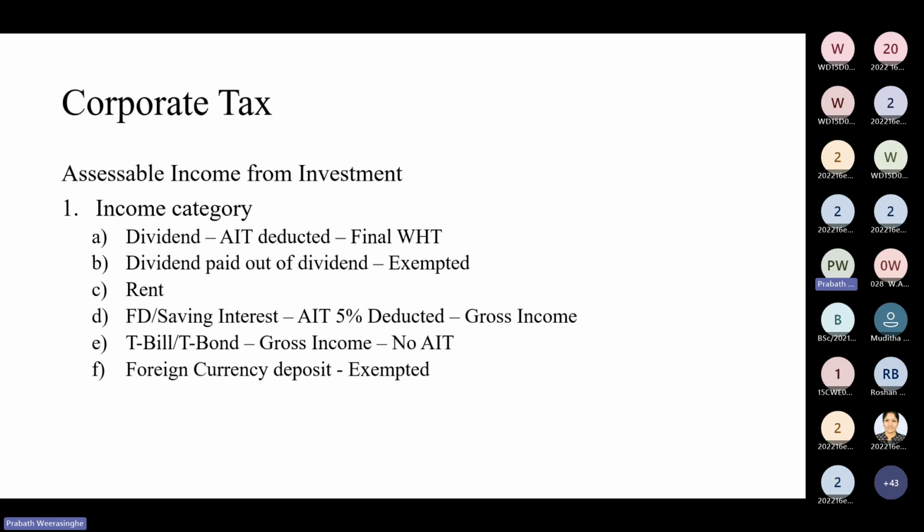Treasury bill and treasury bond interest income has no withholding tax or AIT deducted right now, so the amount we received shall be treated as gross income. Any foreign currency deposit account interest income is exempt, remember. And dividend from a foreign source of income is also exempt.